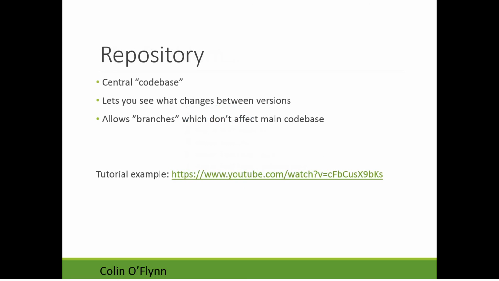A better way to do this is what's known as a repository, and this gives you a central code base, so you can see what changes between versions of the code. You can always go back in time and say, on May 5th, here's the version I had, and then we made these changes.